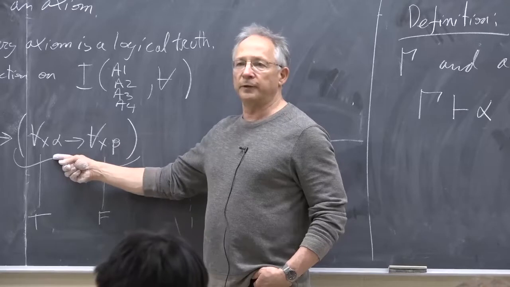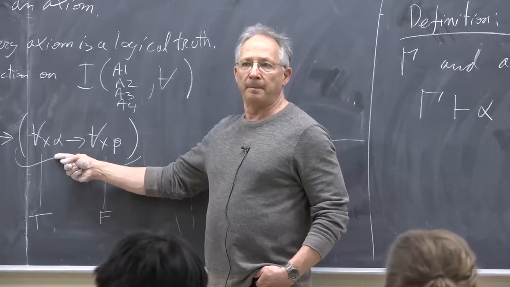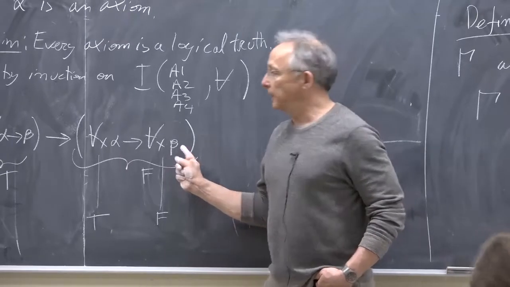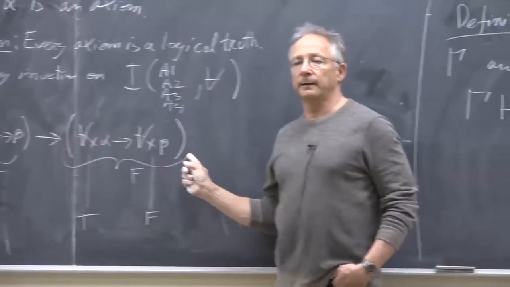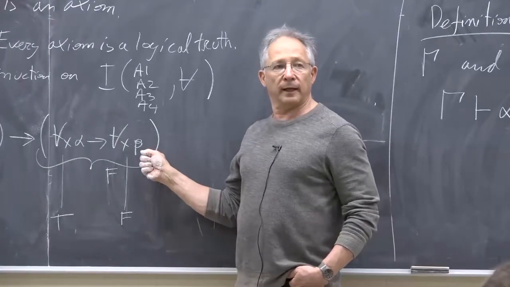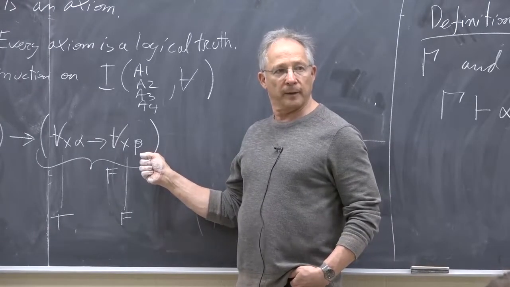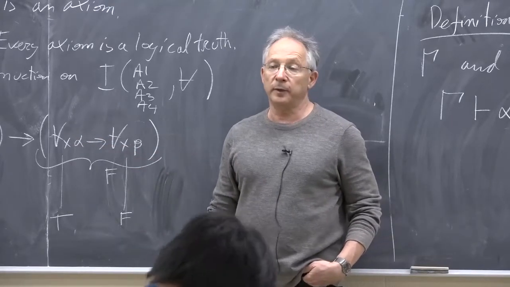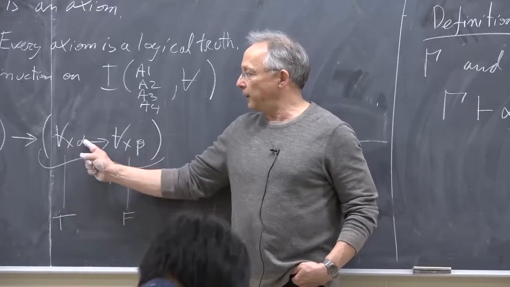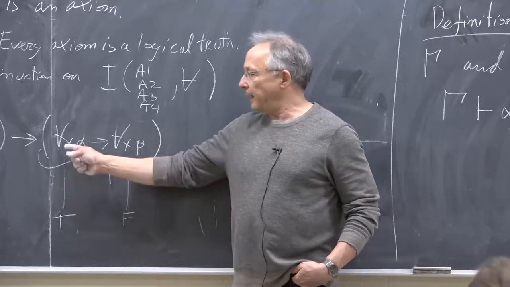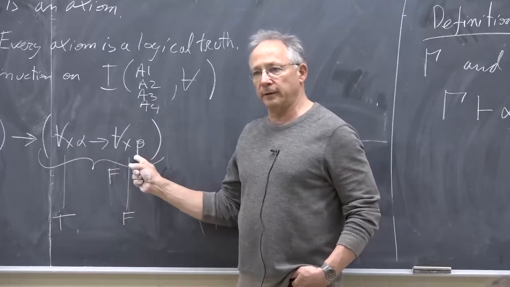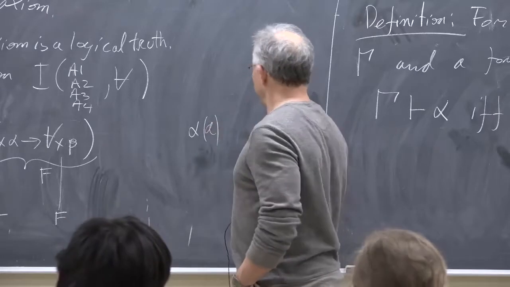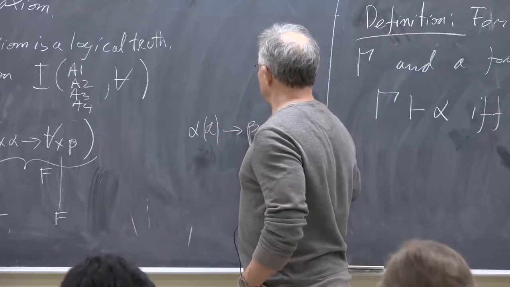What happens for alpha of this A? So there is an element such that beta of A is false in the structure. If in a structure this gets false, then in that structure there is an element A such that beta of A is false. What happens to alpha of A in this structure? Has to be true, because we have for all X alpha is true. So I have alpha of A is true and beta of A is false. So what happens in this structure to alpha of A, arrows, beta of A?